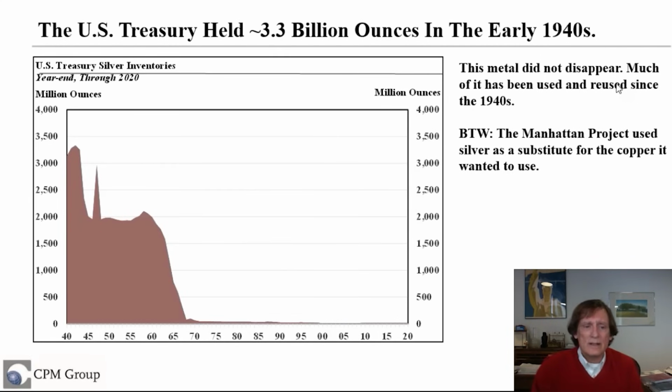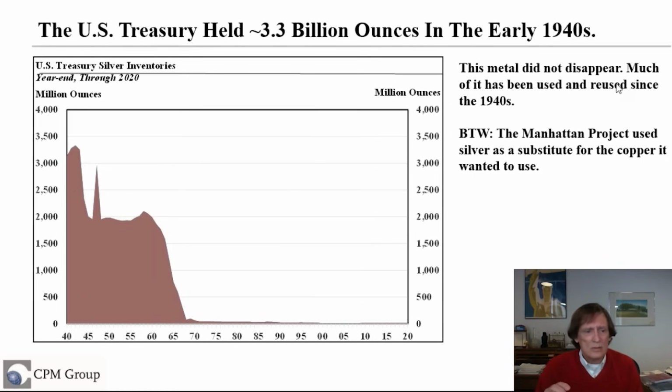The Treasury held about 3.3 billion ounces of silver in the early 1940s. They sold down a lot. Well, they lent out a lot during World War II, during the Silver Lend-Lease Act, to help support the economies and financial systems of various allied countries.